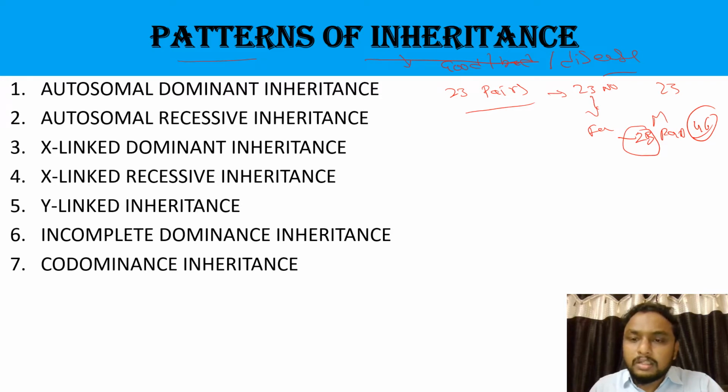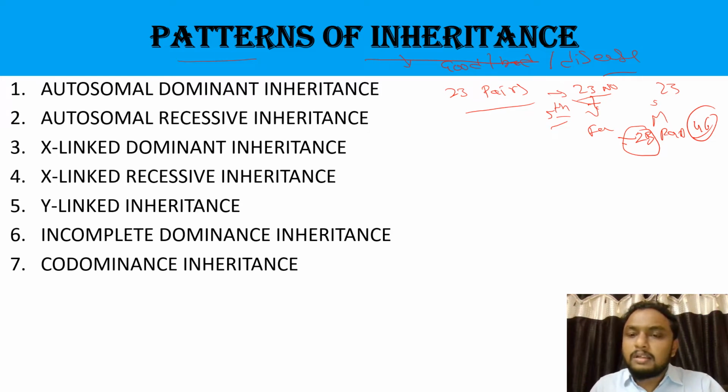Suppose when the 23 chromosomes are transferred from the father, any disease or any good or bad character is present on a particular gene. Imagine on the fifth chromosome there is a disease, and it is transferred from the father to the child. At the same time, on the fifth chromosome transferred from the mother, there is no disease. Whether it shows in the child or not, that is called the pattern.